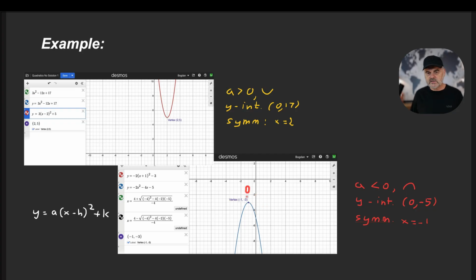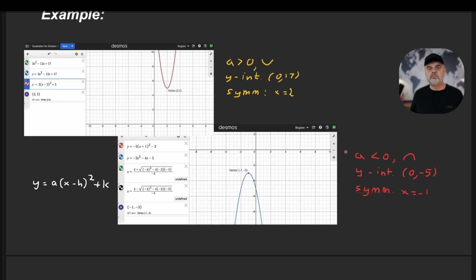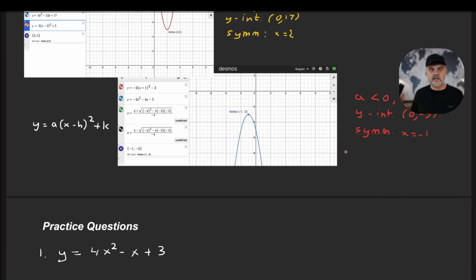Yes, there is an axis of symmetry that passes through the vertex, and there is always a y-intercept because when x is equal to 0, we can quickly identify it using the formula. So whether you use the standard or vertex form, you can always calculate the y-intercept because x is equal to 0. Basically, these are the parabolas that we'll be talking about in greater detail in another video.